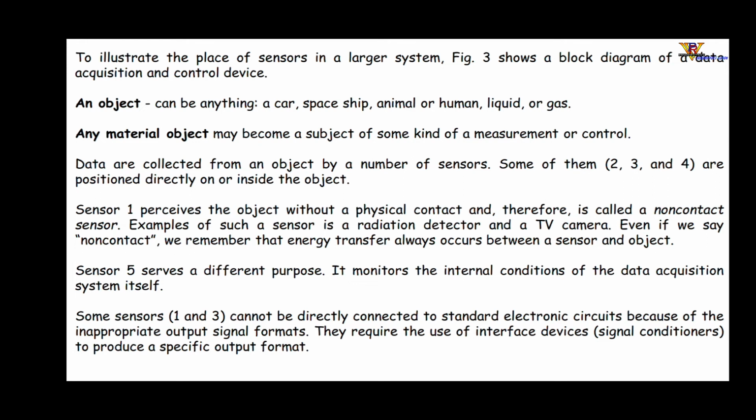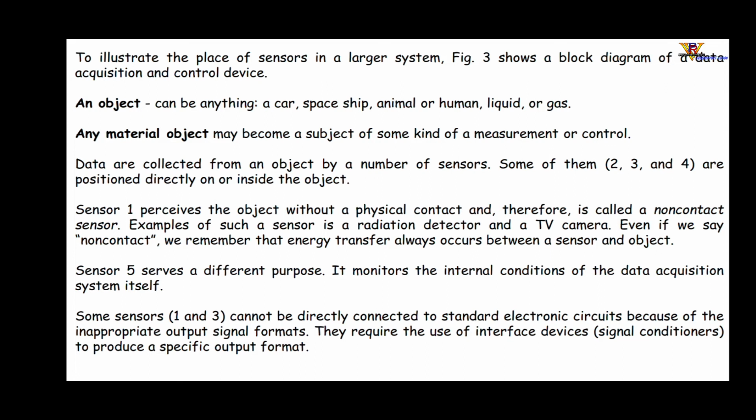Here what we mean by object can be anything. It can be a car, spaceship, animal or human, liquid or gas. It can be anything. Any material object may become a subject of some kind of measurement or control. So material object means that the object is subject of some kind of measurement.